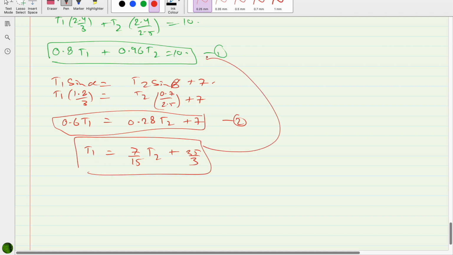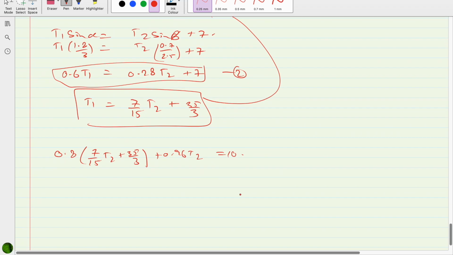Replacing this T1 in the first equation, 0.8 of T1, 7 by 15 T2 plus 35 by 3, plus 0.96 of T2 is equal to 10.